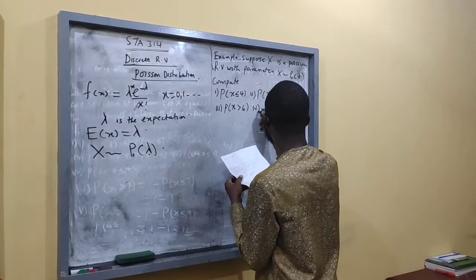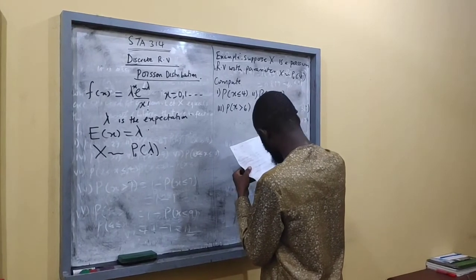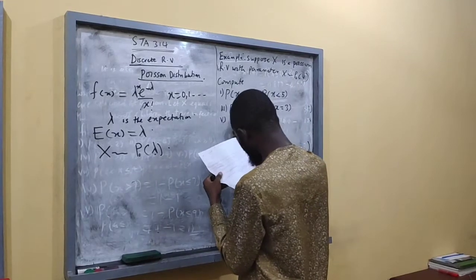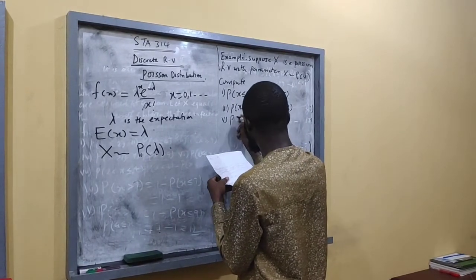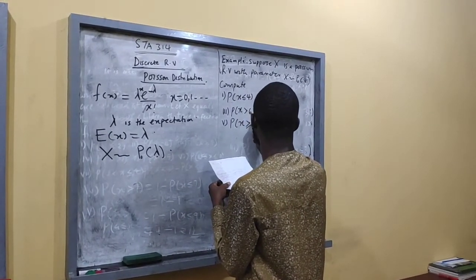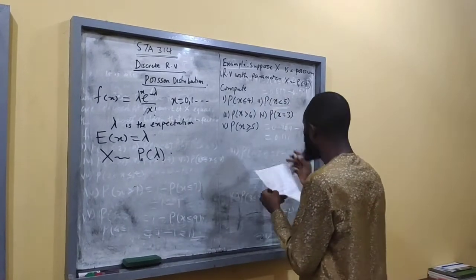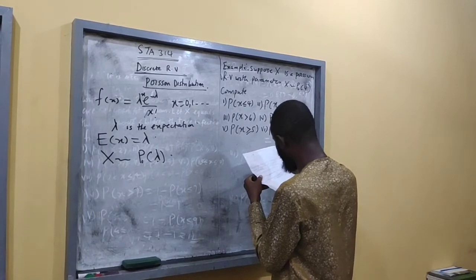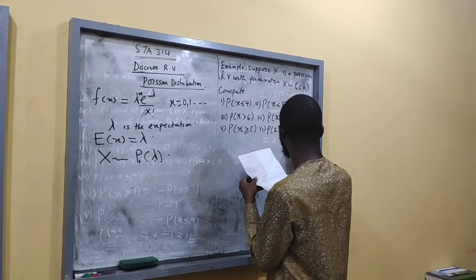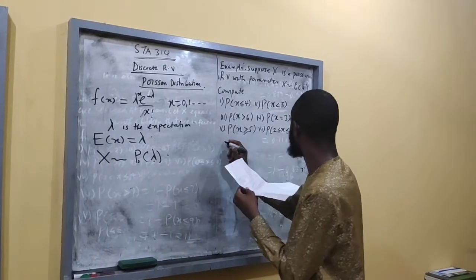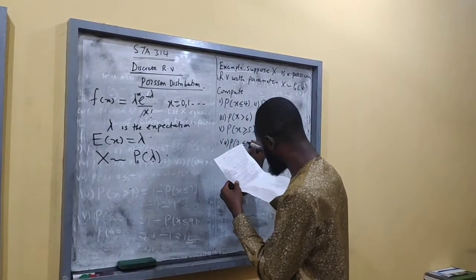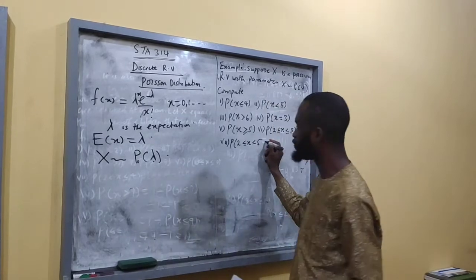Number figure 4. P of x equals 3. Number figure 5. P of x greater than or equal to 5. Number figure 6. P of 2 less than or equal to x less than or equal to 5. Number figure 7. P of 2 less than or equal to x less than or equal to 5.